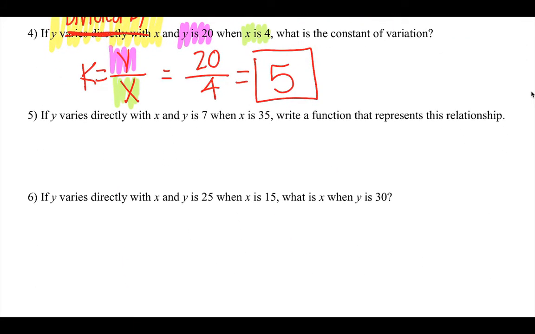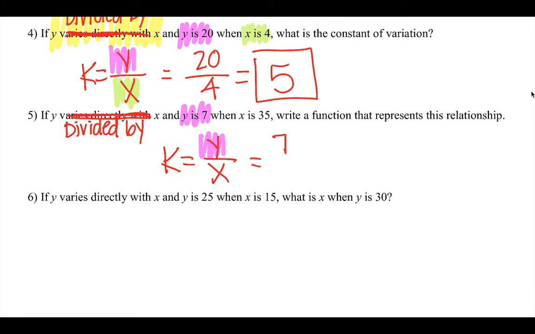So let's look at the next one. I've got if y varies directly with, yuck. Cross it out. I'm going to write divided by. So if y divided by x, that's our k, right? Y divided by x. When y is 7, so where I see a y, I'm putting 7.